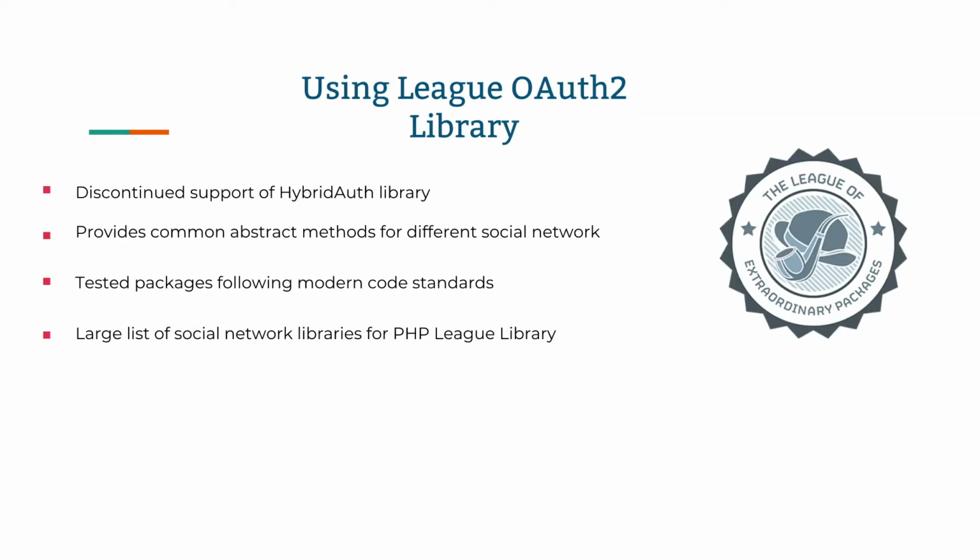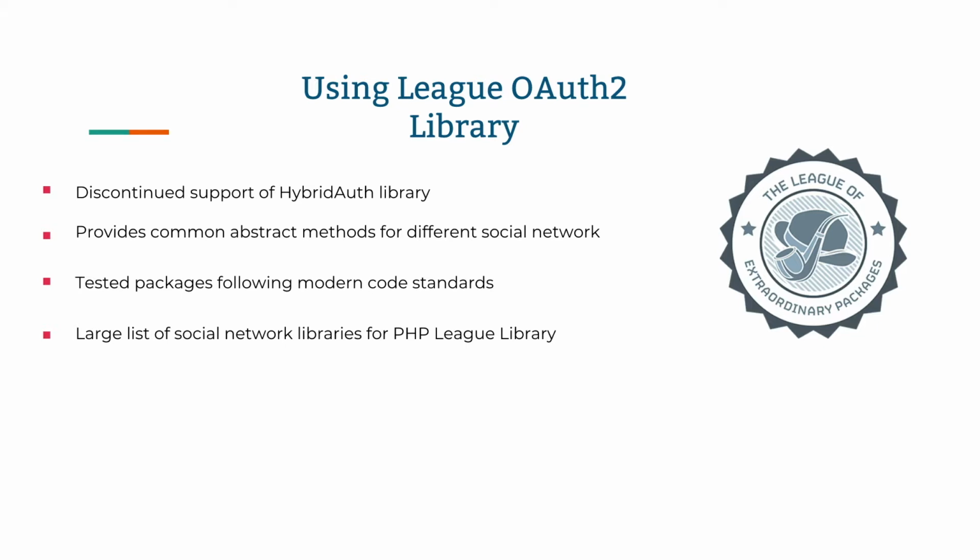And we chose the League OAuth2 library for the default, even though we are still library agnostic. You don't have to use the League to develop a new implementer. We prefer to use the League because in this case you can literally copy and paste code, because the League is using the same API for everything. So you don't have to worry about different implementations of different libraries.